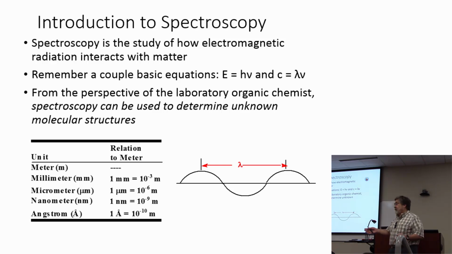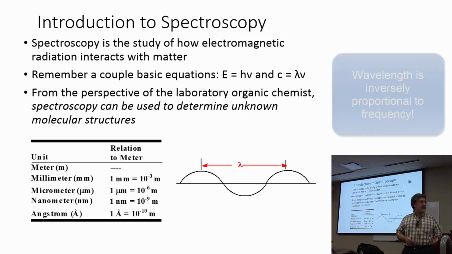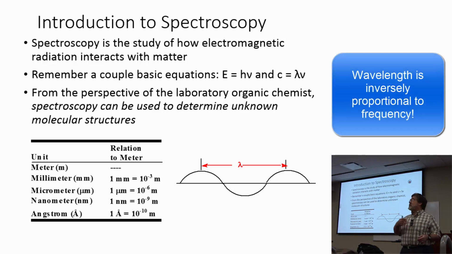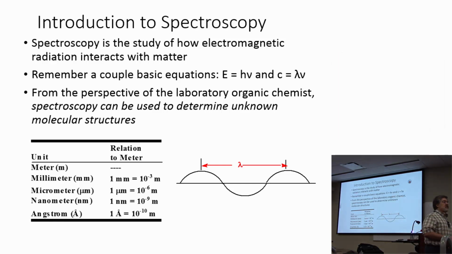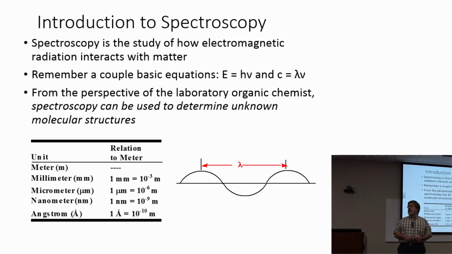Wavelength. So wavelength is inversely proportional to frequency. As frequency goes up, what happens to wavelength? It goes down. Those two relationships are really what you need to remember, not so much the equations, although they're helpful for remembering the relationship.